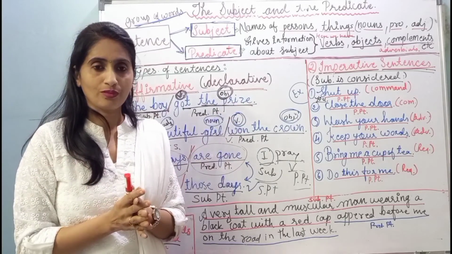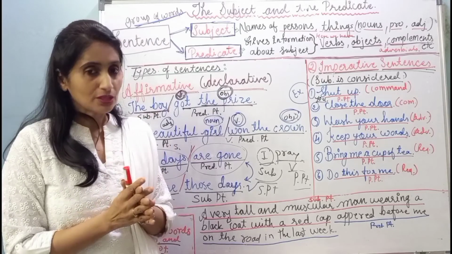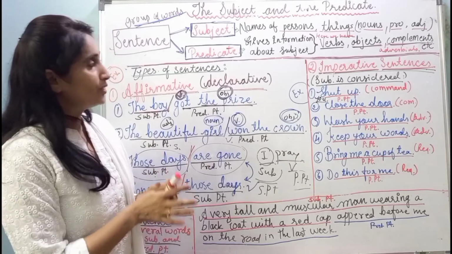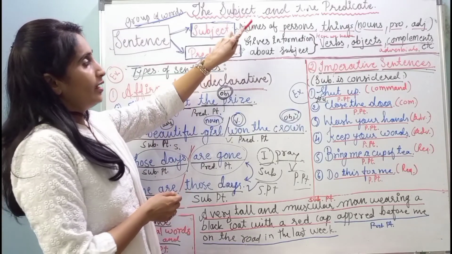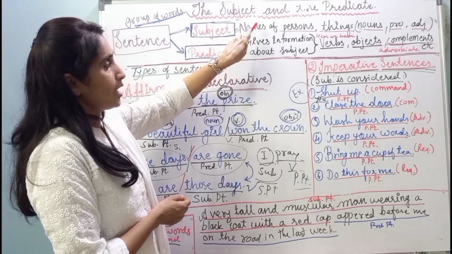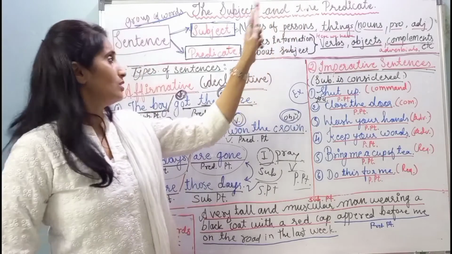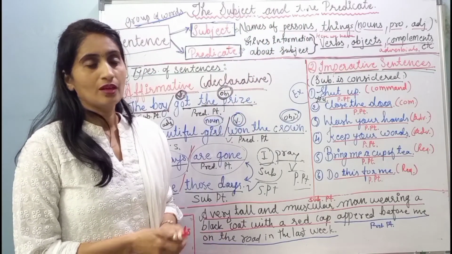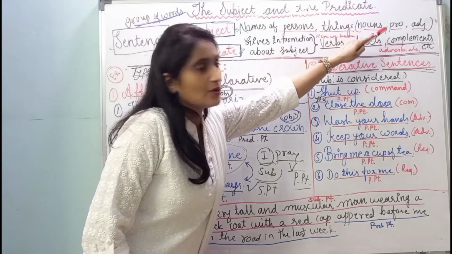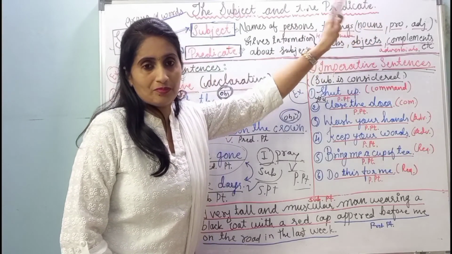Then what to do? What is the definition of the subject part? The part of the sentence that tells us about the names of persons and things is called the subject part. Here we have nouns, pronouns and adjectives.